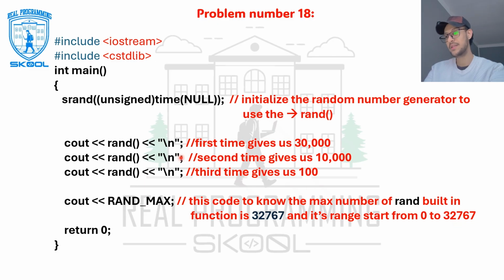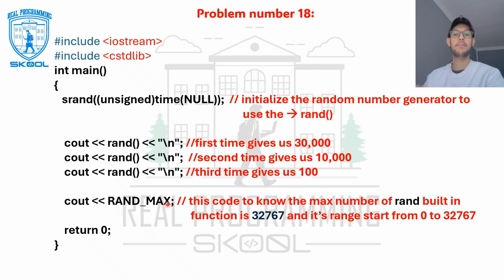But if you want to print random numbers using the rand built-in function according to your own range, for example, I want the compiler to print random numbers between 1 and 10, I will create my range and use the rand built-in function to print random numbers according to my range, not according to the rand function's range, because that range is from 0 up to 32,767, but I want numbers between 1 and 10. This is my range, for example. How are we going to do this? We will see it in the next slide.